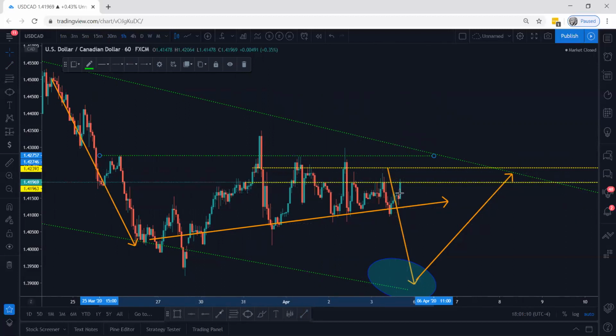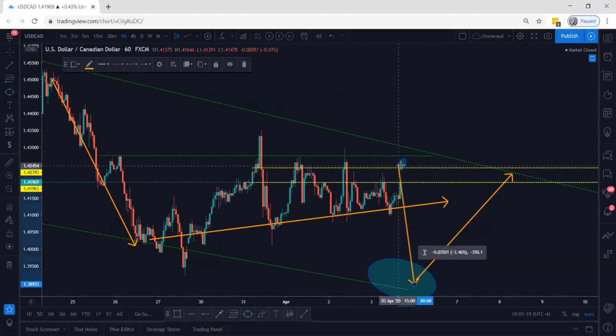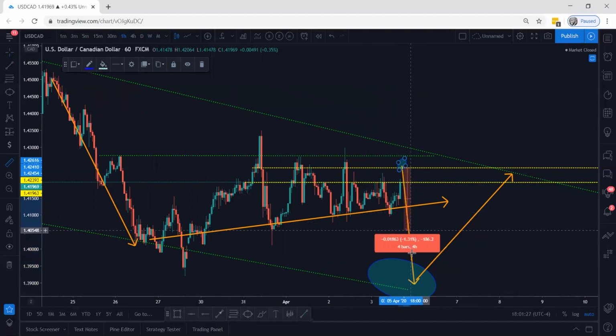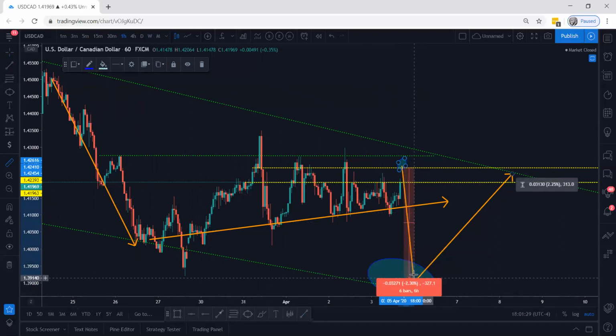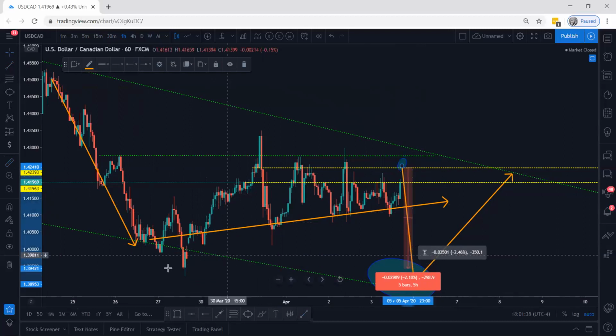I would wait for it to at least pull up into here, and then look for that sell down, which is about 300 pips, depending on where it actually pulls into.